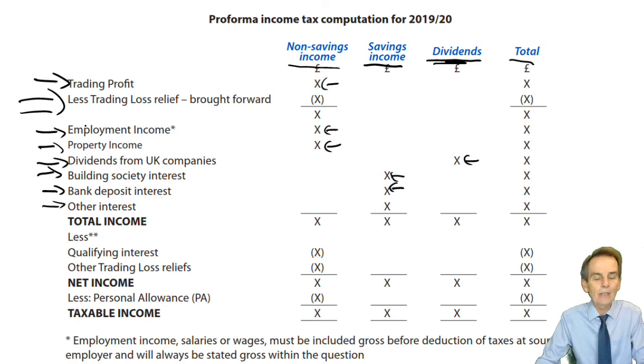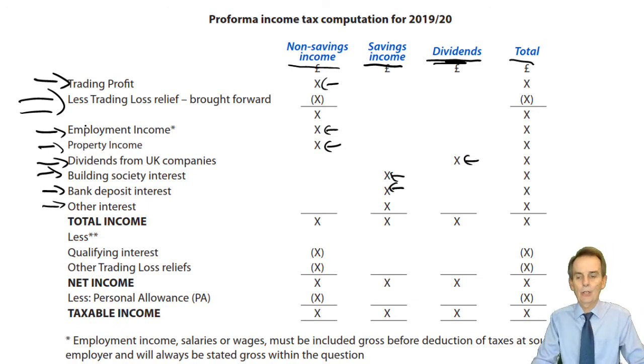But after doing that exercise, you may end up whereby it's actually not a trading profit, but a trading loss. So here, at least a little bit of good news in relation to the bad news that your business has made a loss.